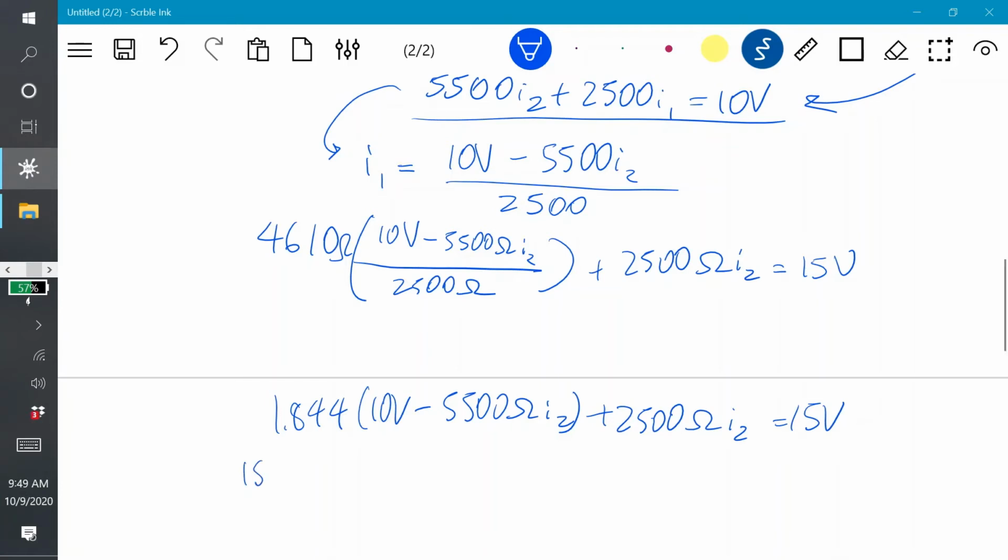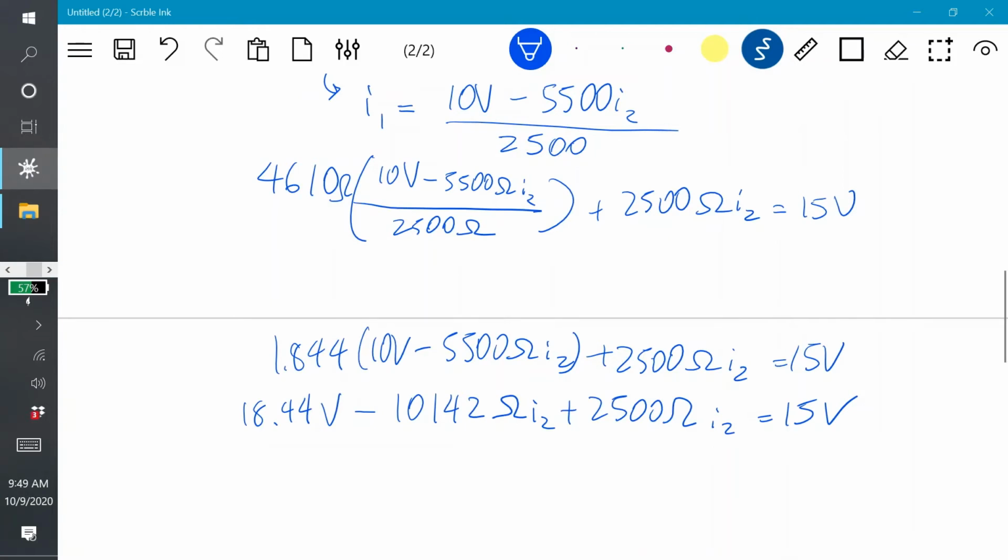This becomes minus 142 ohms I2 plus 2500 ohms I2 equals 15 volts.